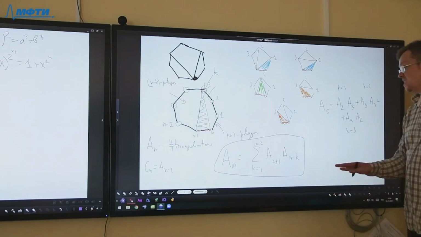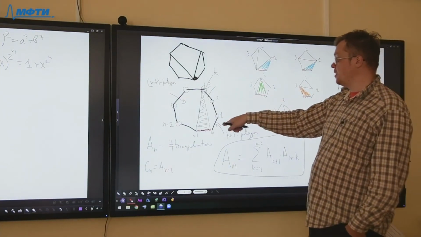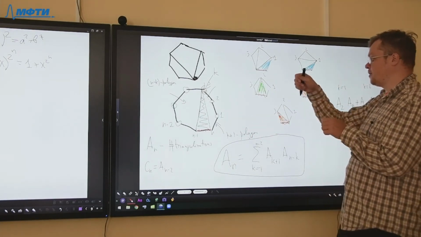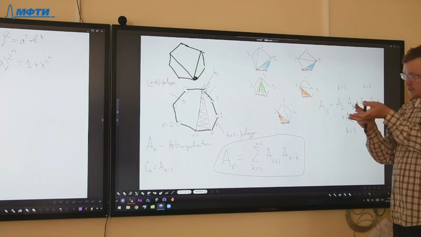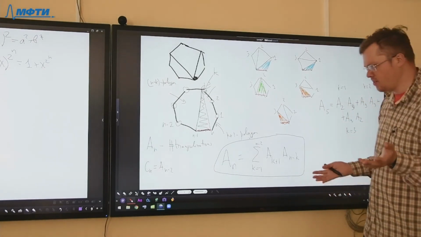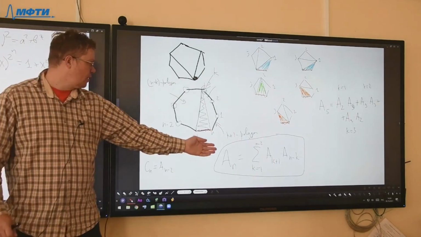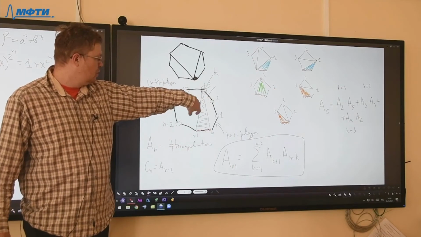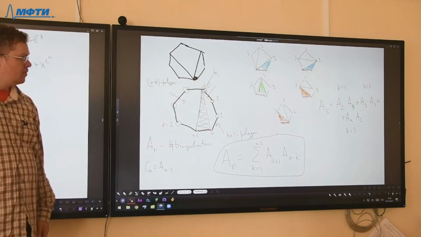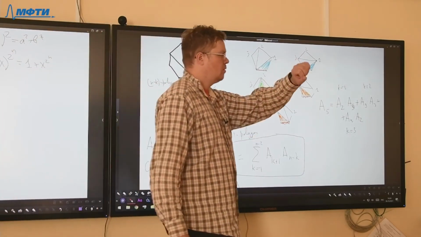So I need to enumerate all the edges and then look edge after edge where the third vertex is, and then place my brackets. But it's not very easy. It's easier, I think, to understand this formula. So we just dissect into two triangles and calculate the number of triangulations here. Okay.